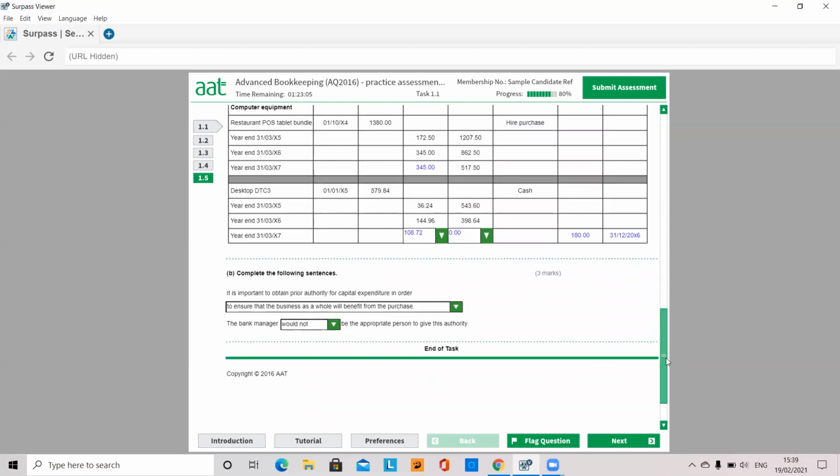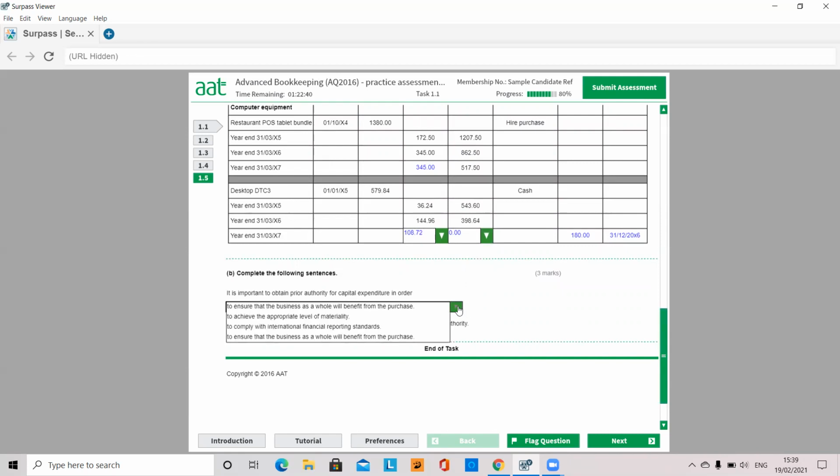The next one is just a couple of little questions, and it said, it's important to obtain authority for capital expenditure in order to... So if you're going to arrange for some capital expenditure for your business, let's say motor vehicles as an example, then it's important to ensure that you get the right person to authorise it. I'll give you the examples.